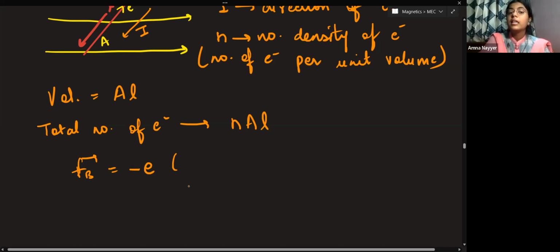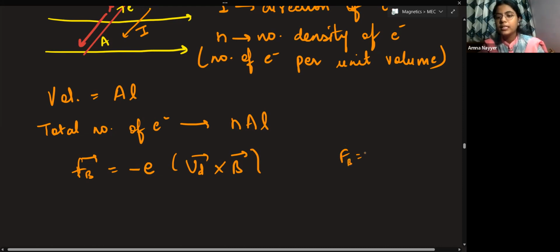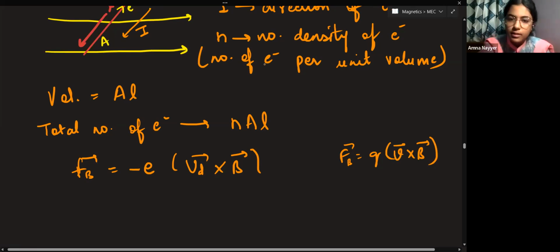V cross B, the velocity with which the electrons drift under the application of electric field. That is known as drift velocity. So instead of the normal velocity, I'll be mentioning the drift velocity and the magnetic field. It's just that in the main formula that we have studied, F_B is equal to Q V cross B, I have substituted all the values that are valid for this case.